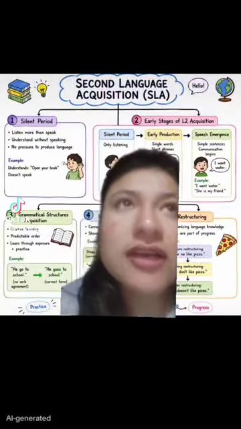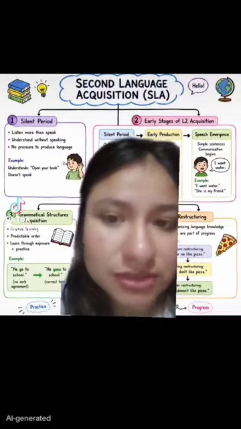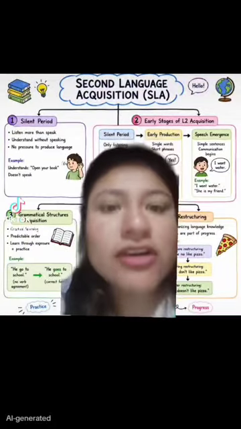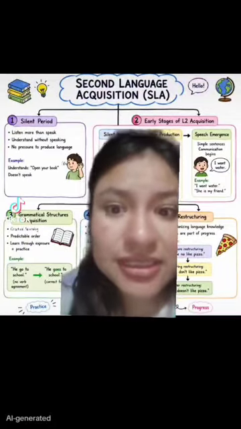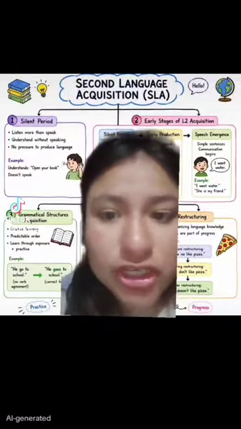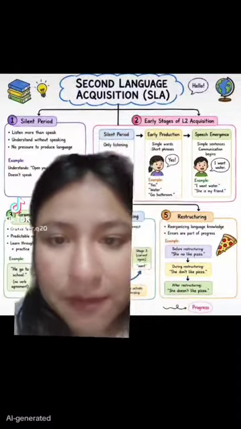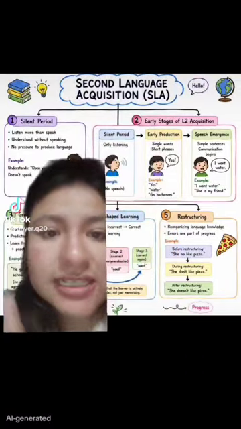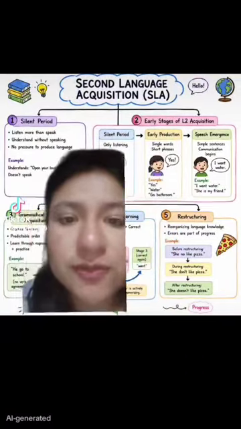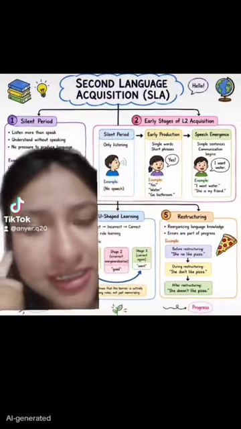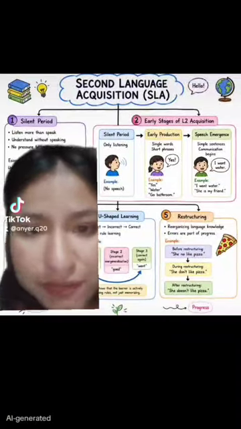For example, the teacher says, open your book. The learner understands the instruction but doesn't speak. The early stage of second language acquisition is the silent period, where learners only listen and do not speak.